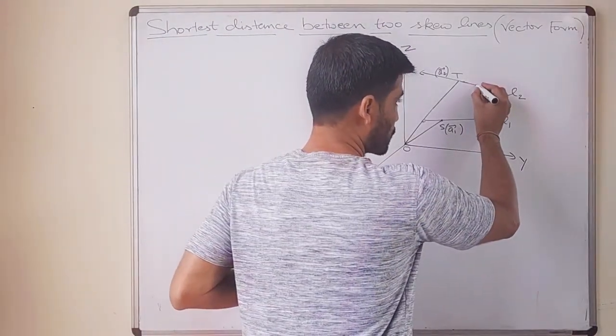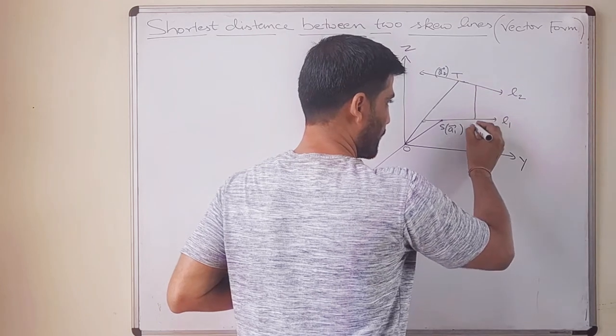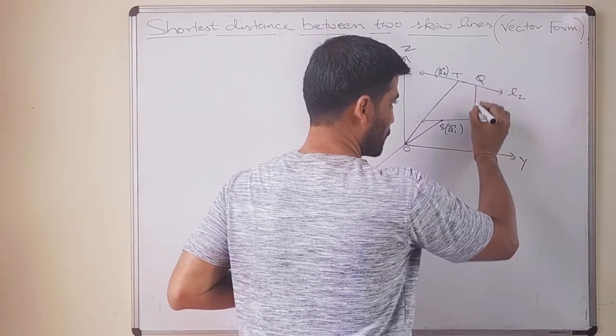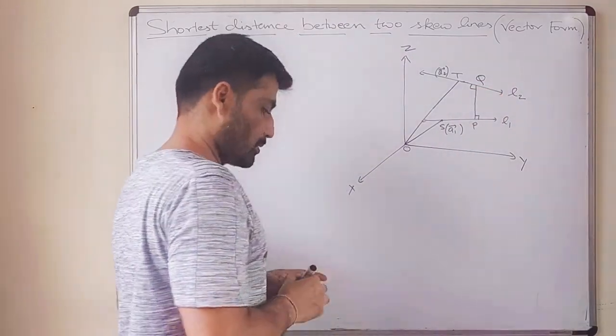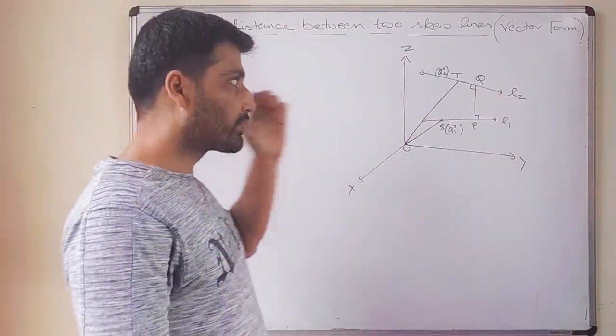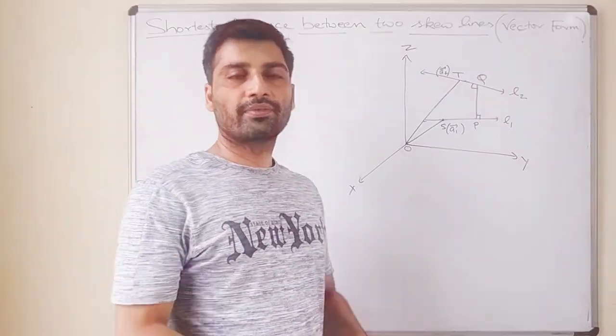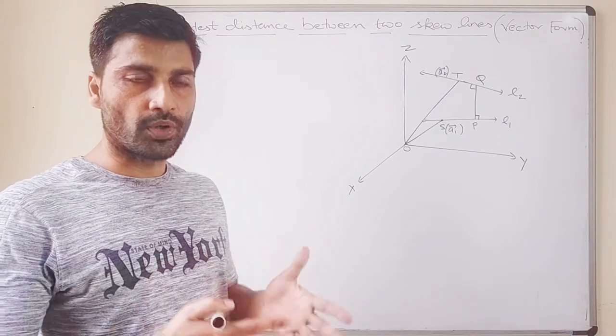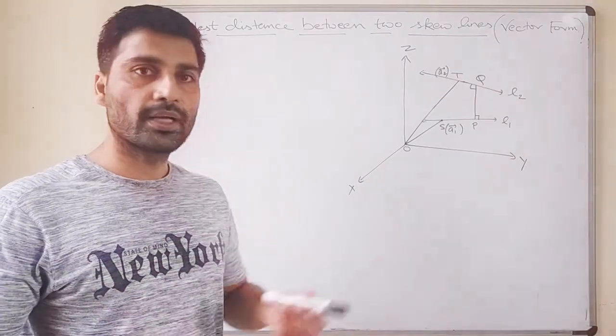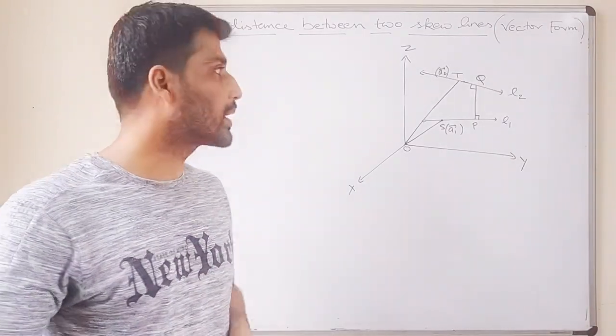Now we need to find the shortest distance. Let us consider line PQ, which is perpendicular to both of the given lines. When a line is perpendicular to both of the given lines, it gives the shortest distance between them, because the shortest distance is the perpendicular distance between any two lines.